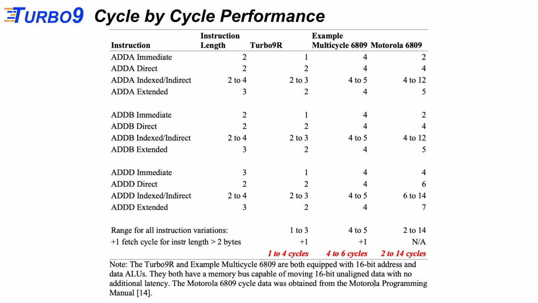Here's all the addressing modes, cycle times, and so on. Let's look at the bottom. The classic 6809, for all the different combinations of the add instruction, can execute between 2 and 14 clock cycles. The example 6809 would be 4 to 6, and then the Turbo9 1 to 4.